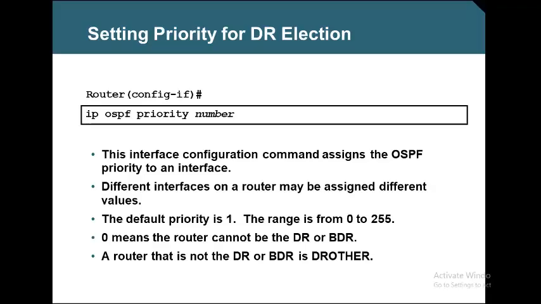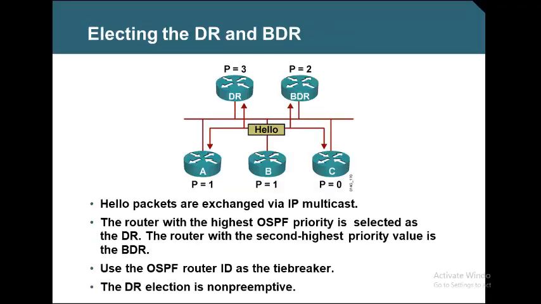That will always remain DR other. So this router C here in this example will always be a DR other. A router that is not a DR or BDR is called a DR other.